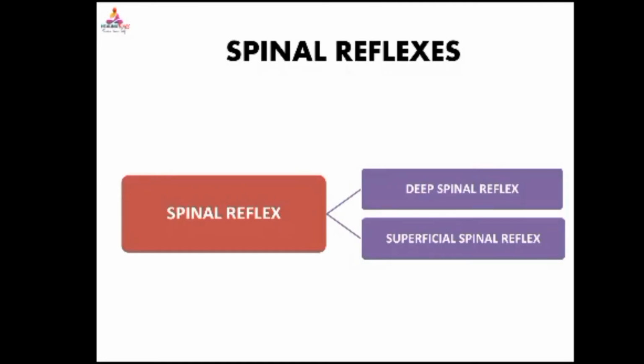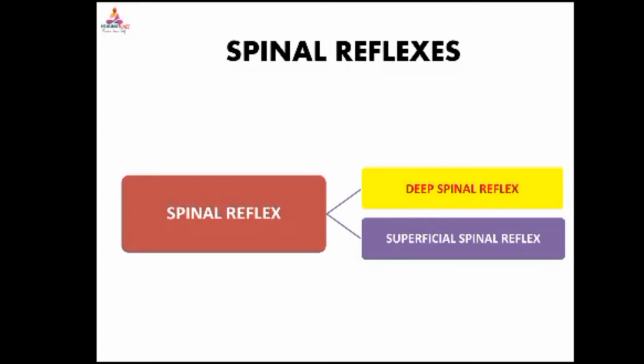Next are the spinal reflexes. A reflex is defined as an automatic response to a stimulus that occurs without conscious thought. The spinal reflexes are classified into two types: deep spinal reflex and superficial spinal reflex.